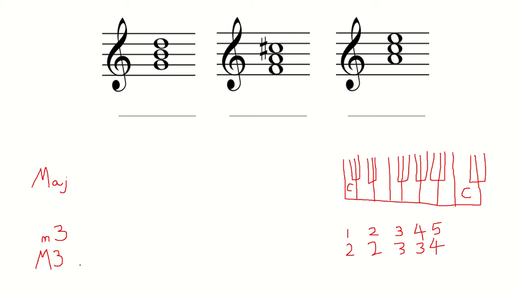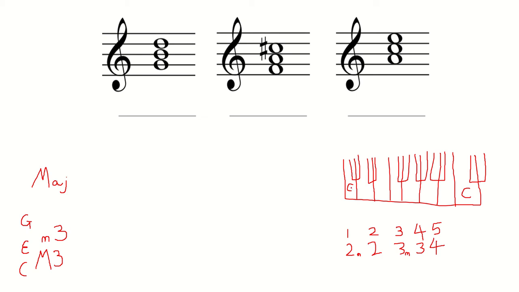If we take the notes, we'll do it for C for every example: C, E, G. So we'll use C as our root each time. If you go up a major third, I'll just put a little minor next to the smaller ones. We won't even need these two. A major third is 4 semitones.